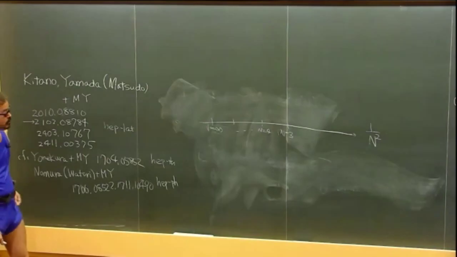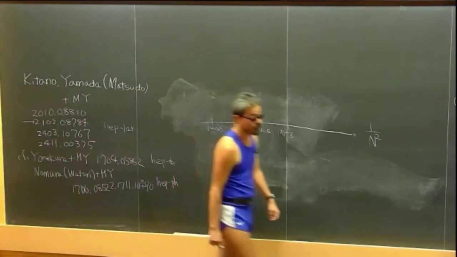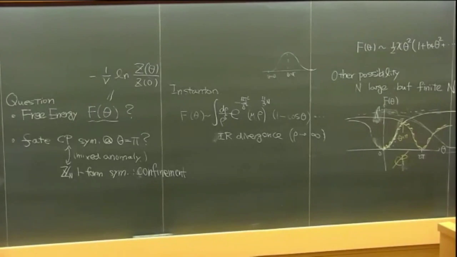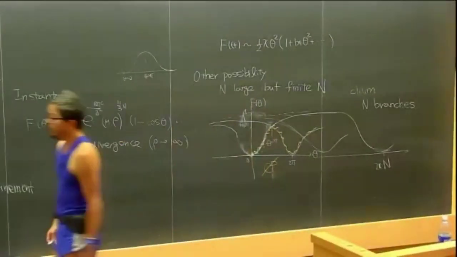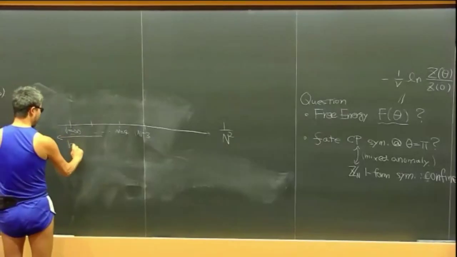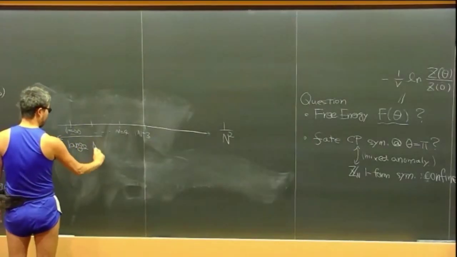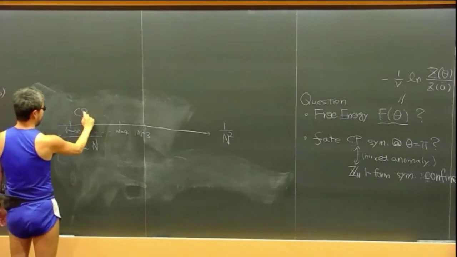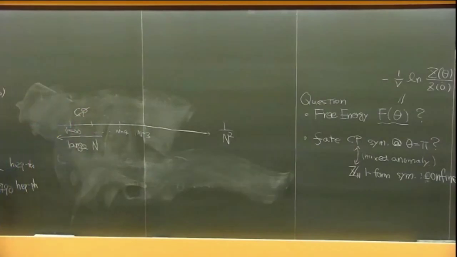And so in the large n limit, you can do the large n analysis, and indeed you can argue that you can just write the function, it's quadratic, and there are multiple branches. So when I go to the large n limit, then in this region CP is spontaneously broken.